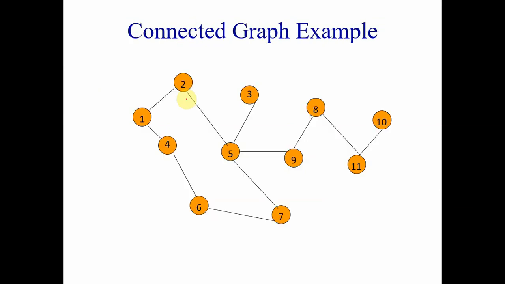How about this one? It is a connected one. It is connected because for every node from 1 to 11, you are able to find at least one path from one to another. So that is the meaning of a connected graph.